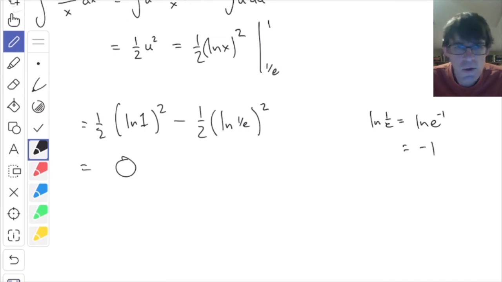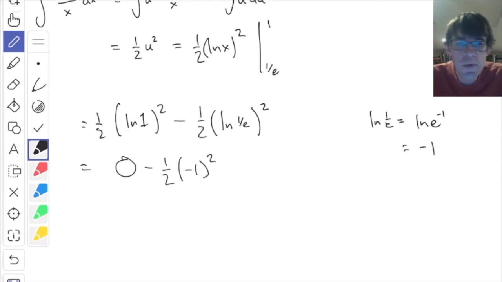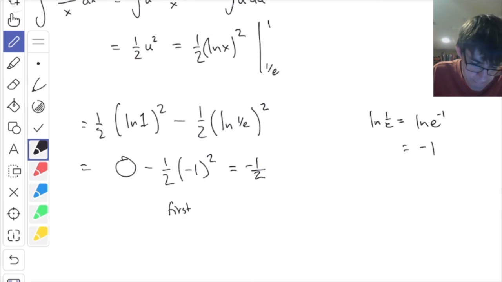You could do that in your calculator if that was uncertain to you. But anyway, ln of 1 over e is minus 1. And so negative 1 squared is 1. I just get minus 1/2 for this whole thing. That's the area. So the first area, the one on the left, is 1/2.